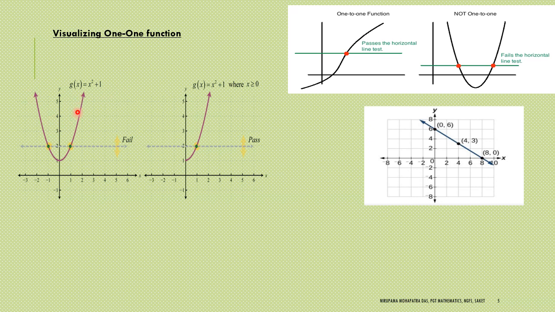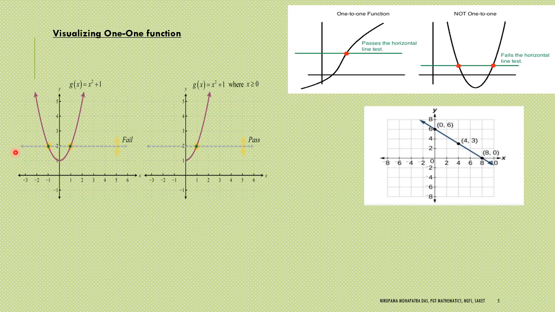So for two different pre-images you are having only one image. It means this function is not 1-1. Whenever we get two different values of x with only one y, the function is not 1-1.